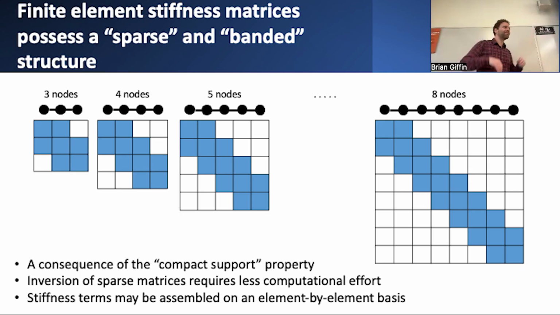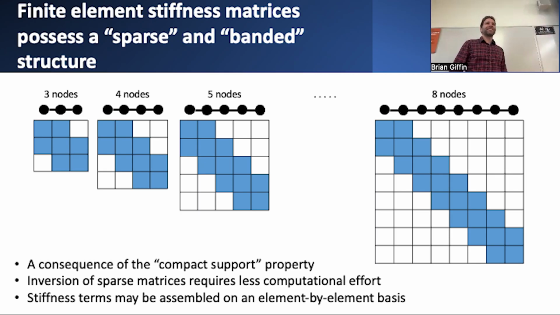And that sparsity basically means that if I wanted to store all of this information to represent this stiffness matrix in a computer's memory, then I only have to store these non-zero values. And you can imagine the benefit of that if you scale up the size of these problems of interest to include not just 10 nodes or so, but maybe, I don't know, millions of nodes.